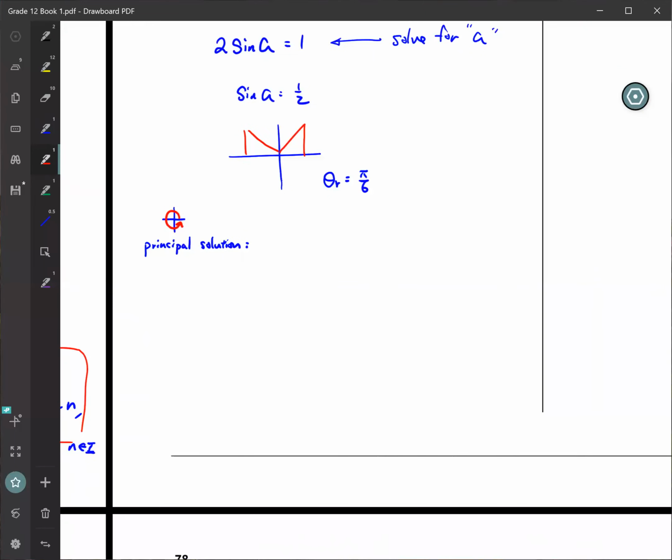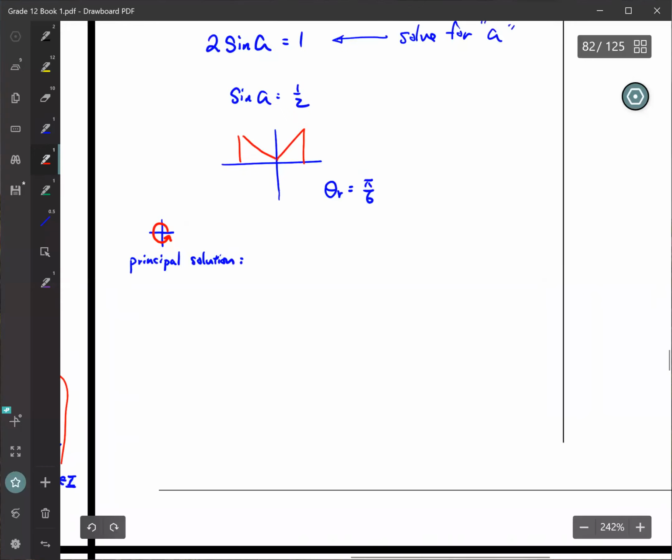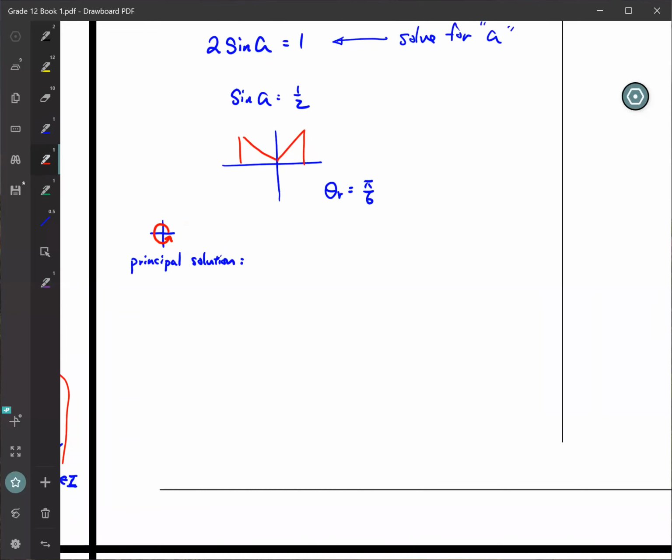So we call that the principal solution or principal angles. Remember, if you look back to the notes, principal angles start from 0 and go counterclockwise. Here we just call it principal solution, or let's keep the name the same and call it principal angle, so you don't get confused. So the first answer will be pi over 6.